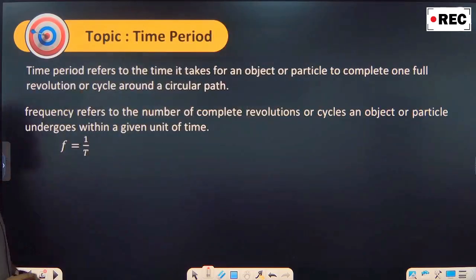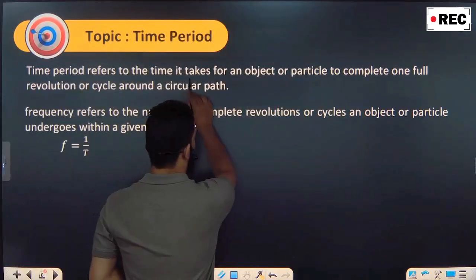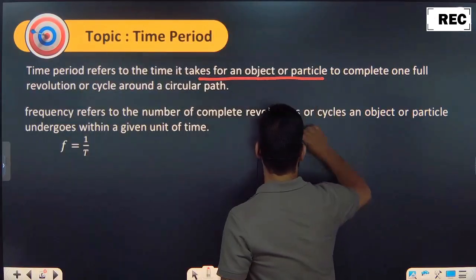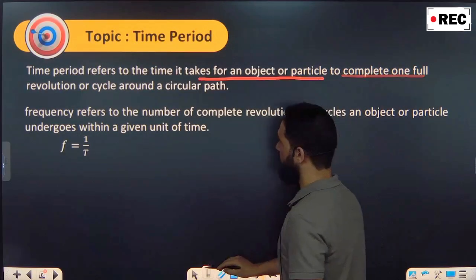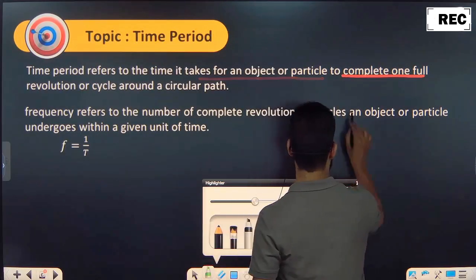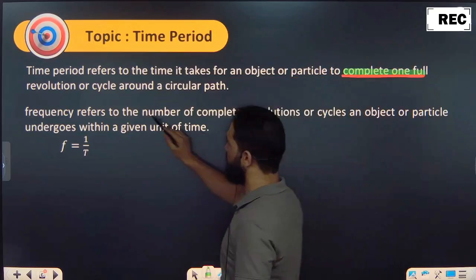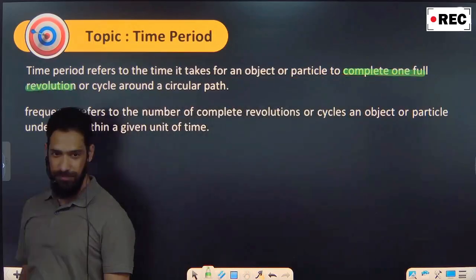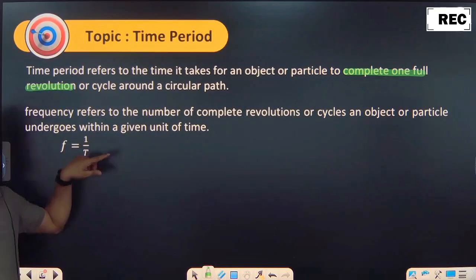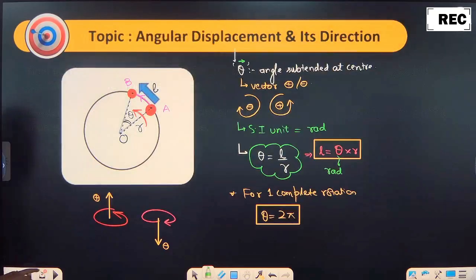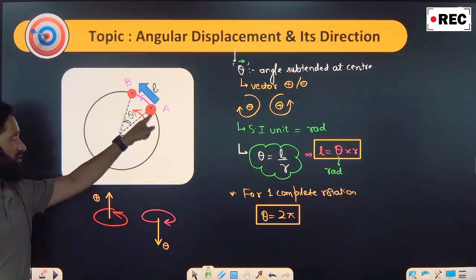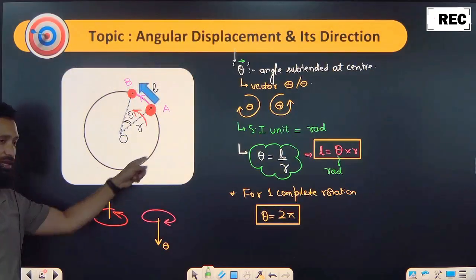So time period refers to the time it takes for a body or a particle to complete one full revolution. So to cover one full revolution, how much time is taken? This is called time period. And in one time period, how much is the distance? Any one of you, how much is the total length of the arc in one complete revolution? 2 pi r.